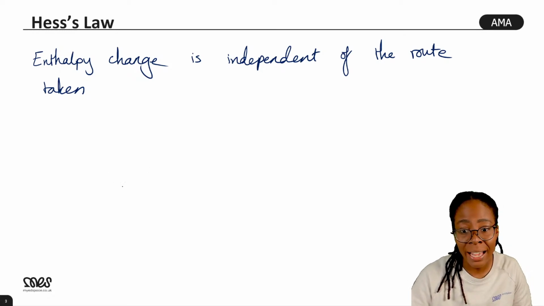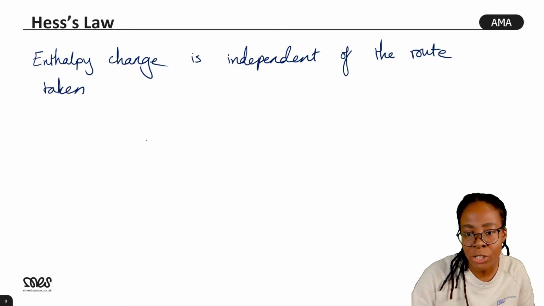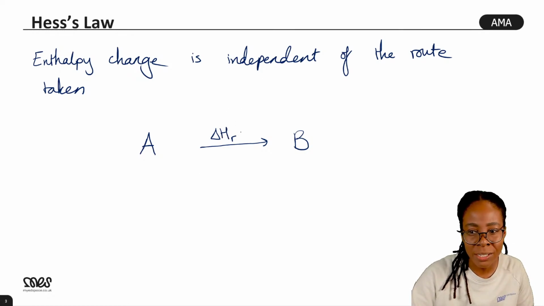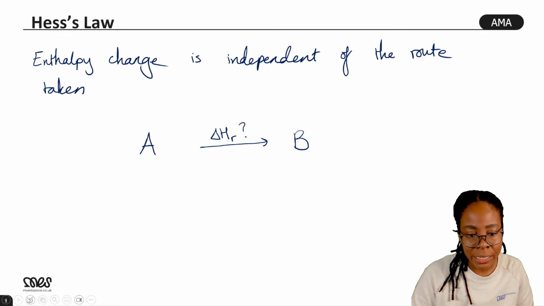Let's say we have a chemical reaction where we are trying to go from A to B, and we want to know what the enthalpy change for this reaction is, but we can't figure that out directly. We can go indirectly.